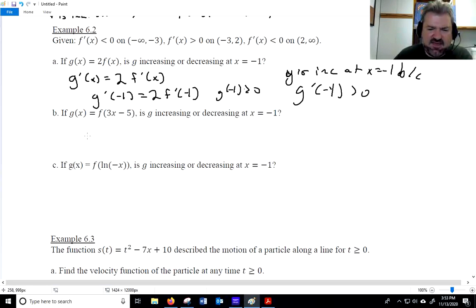If g of x equals f of 3x minus 5, is g increasing or decreasing? Well, let's find out. G prime of x, let's take the derivative, would be f prime. We've got to do a chain rule, so derivative of the outside, leave the inside the same, times the derivative of the inside, which is just a 3.